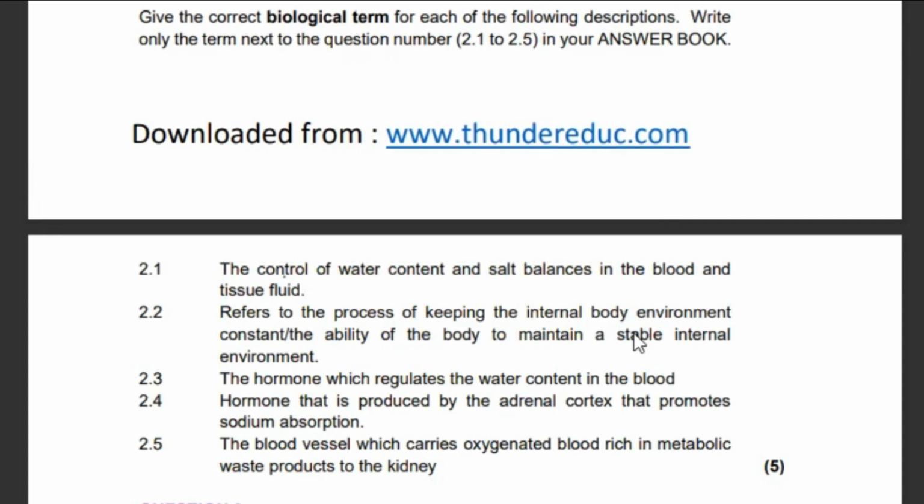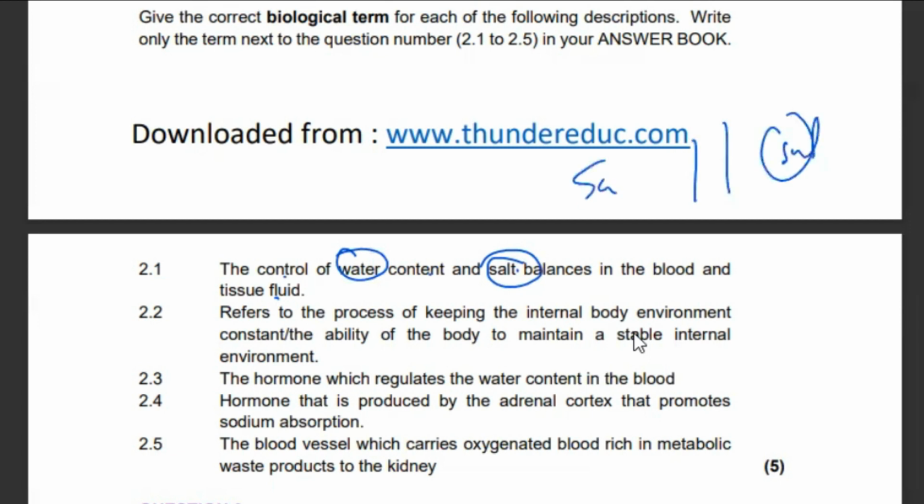Then you have this question, they're saying that the control of water content and salt balance in the body and the fluid. How do you call that? Here we are talking about salt. Anyway, we know salt goes together with water. If you have two sides, you have more salts here, and then you have water here, then automatically water is going to move in that direction by osmosis.